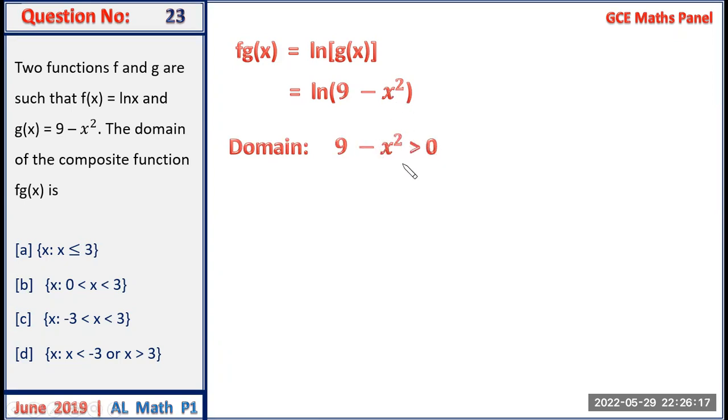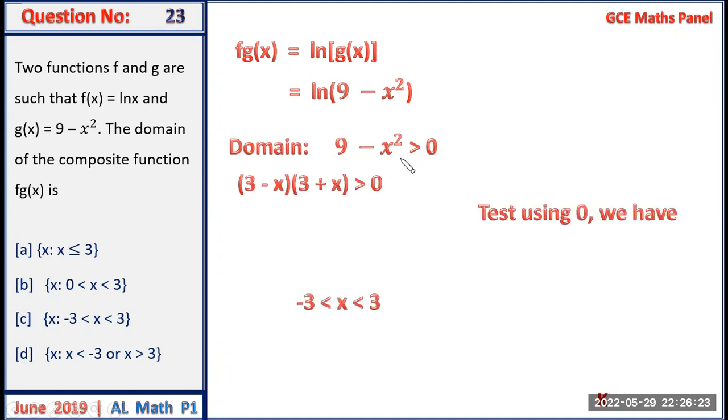So 9 minus x squared should be strictly greater than 0. And if you factor this out, this is what we will have. We can use our number line to test, and you see that the region that will satisfy is between -3 and +3. Any questions here? No, sir.